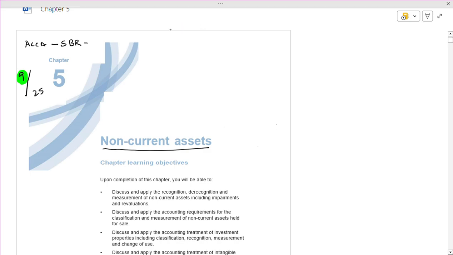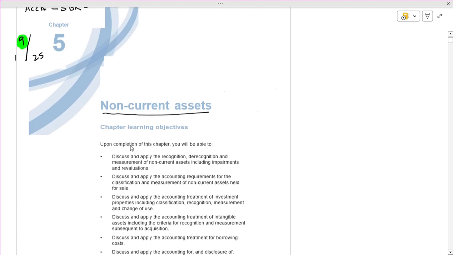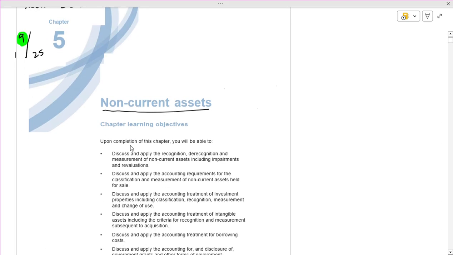We are going to cover specifically non-current assets. When we say non-current assets, immediately what comes to our mind is IAS 16, International Accounting Standard 16, which is property, plant and equipment.